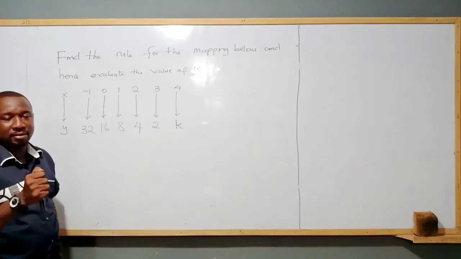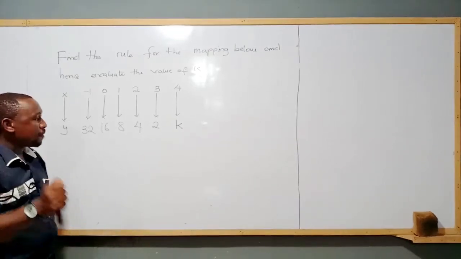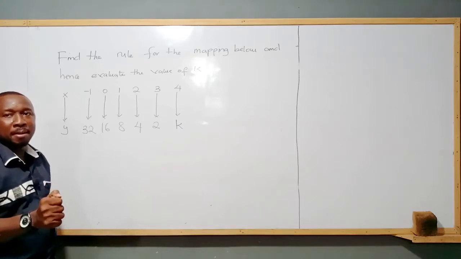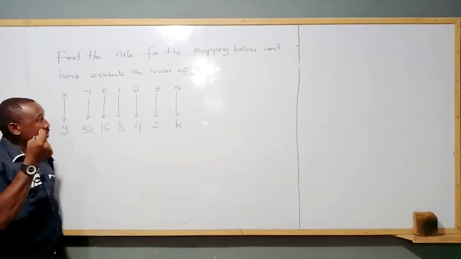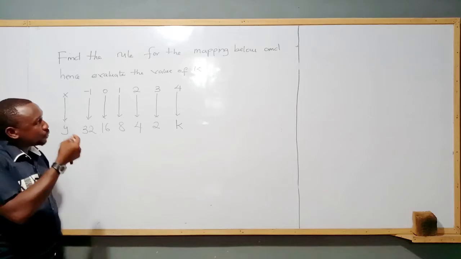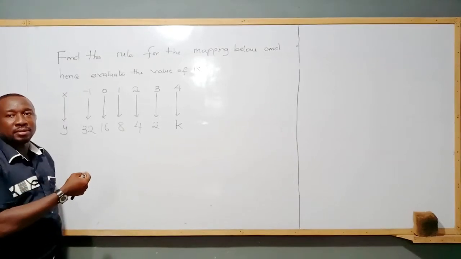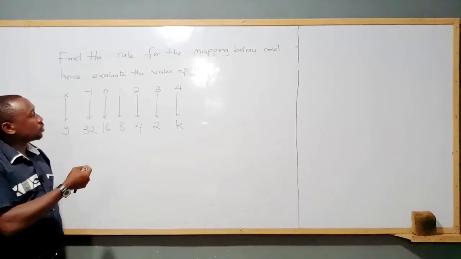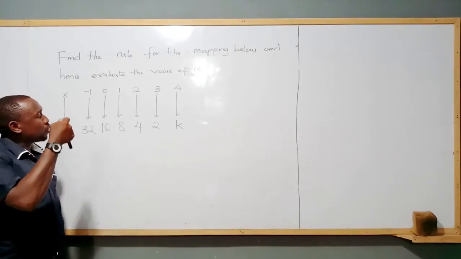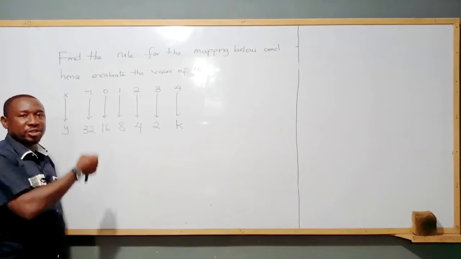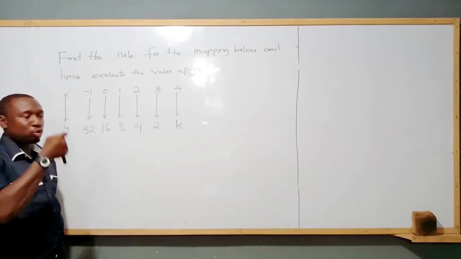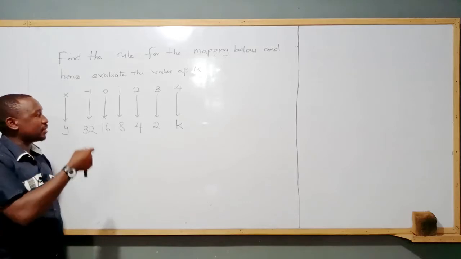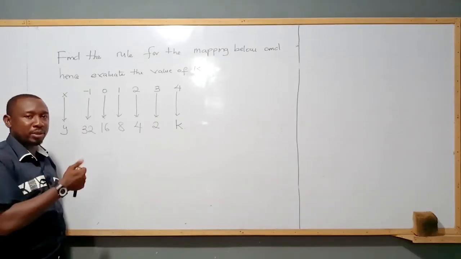The emphasis is on finding the rule for the mapping under exponential mapping. So we need to find out how to identify an exponential mapping. The student should be able to identify that it fits the rule for exponential mapping.